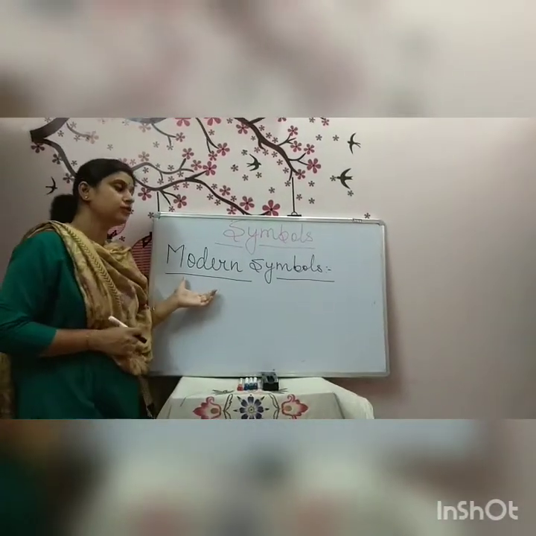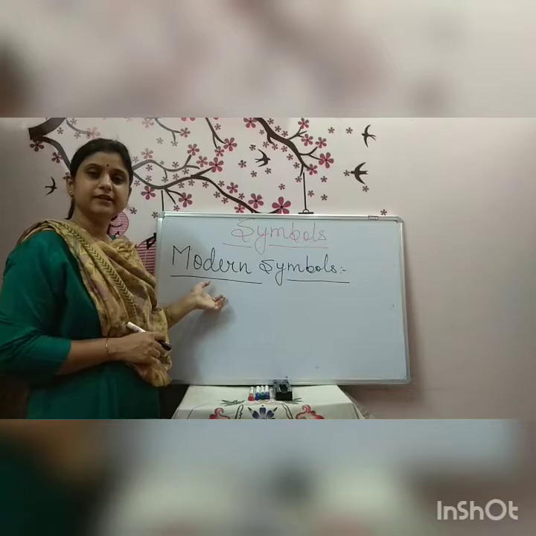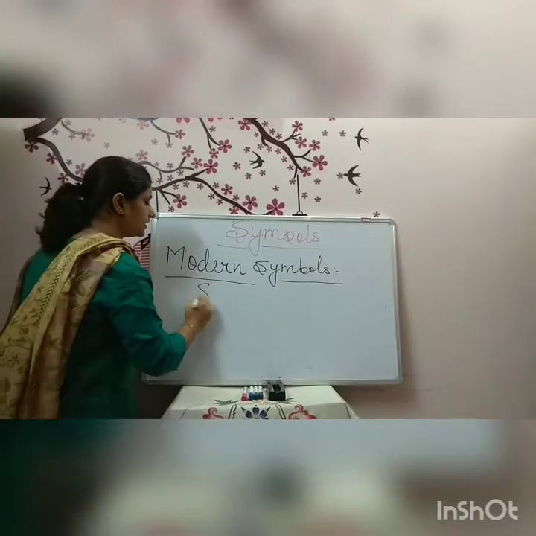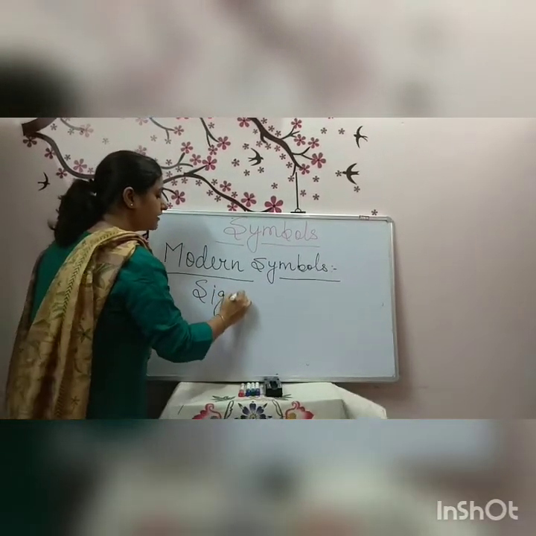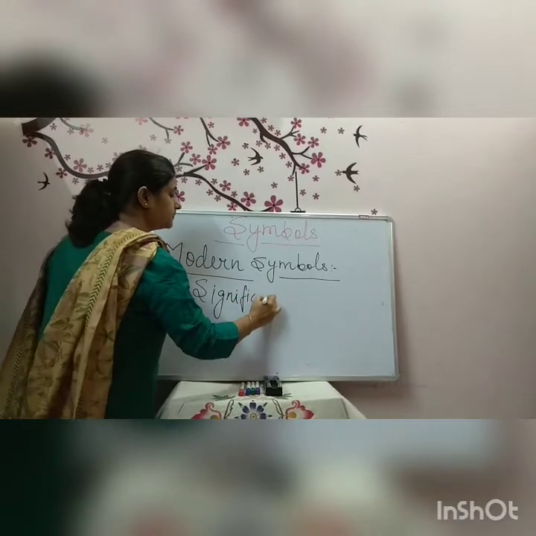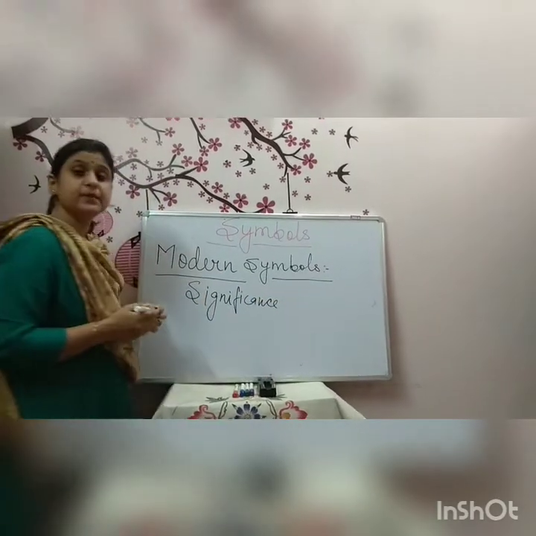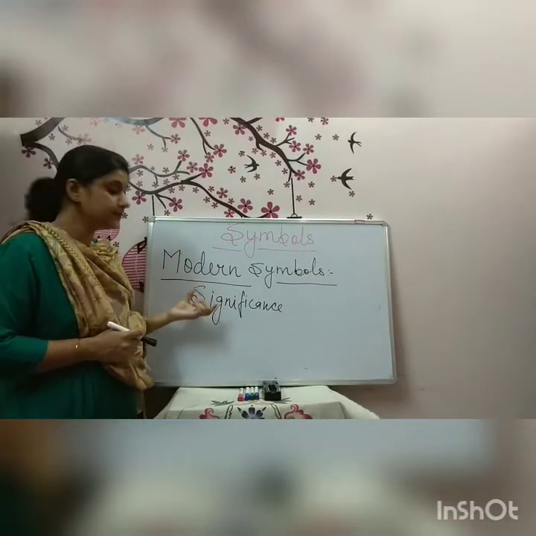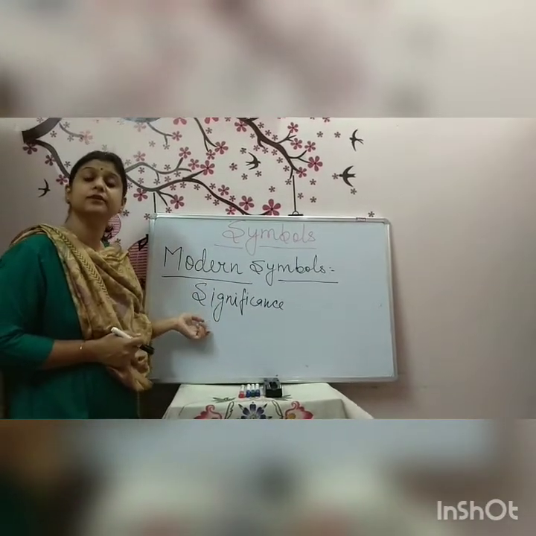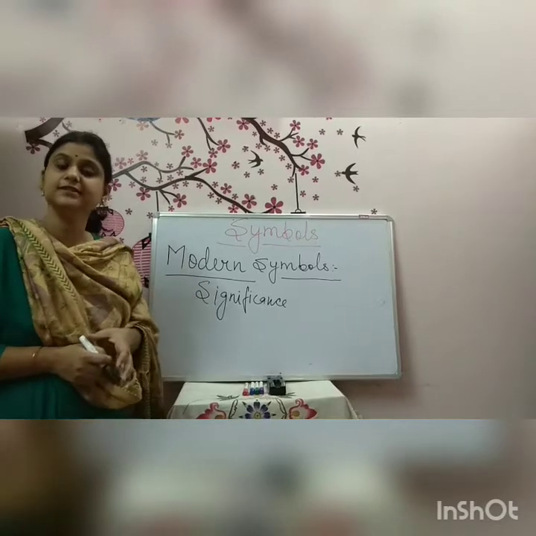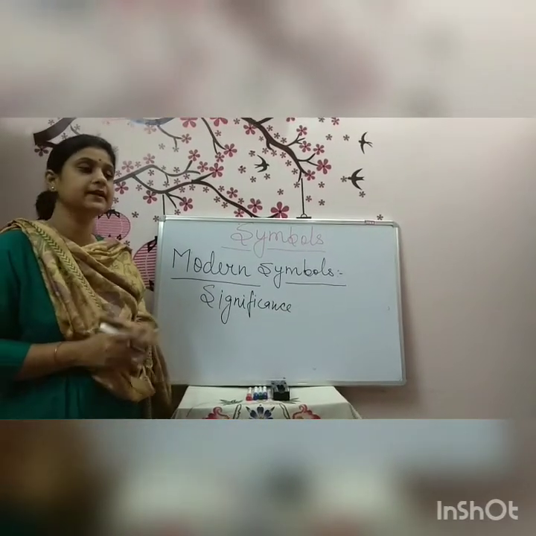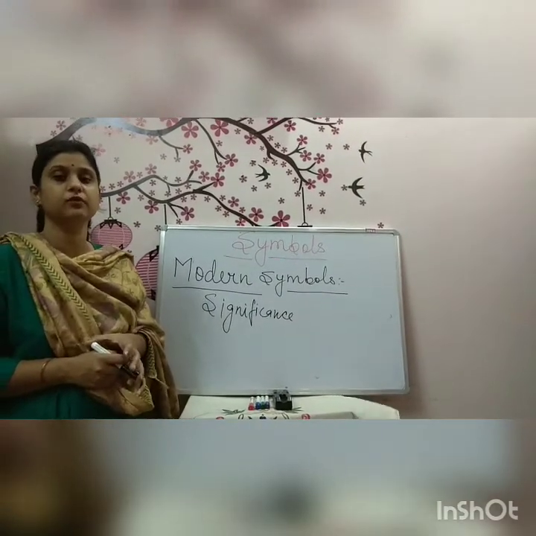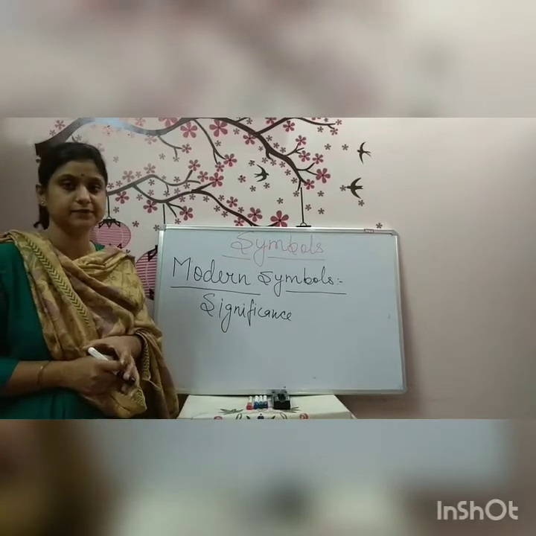First of all, when we talk about modern symbols, let us discuss the significance of these symbols. Why are we using symbols for different elements? The first significance is that these symbols always represent the name of a particular element. When we use the symbol of an element, by getting the symbol, we can know the name of the particular element.